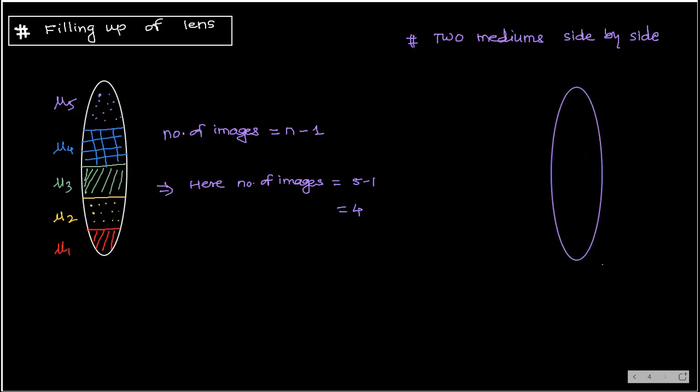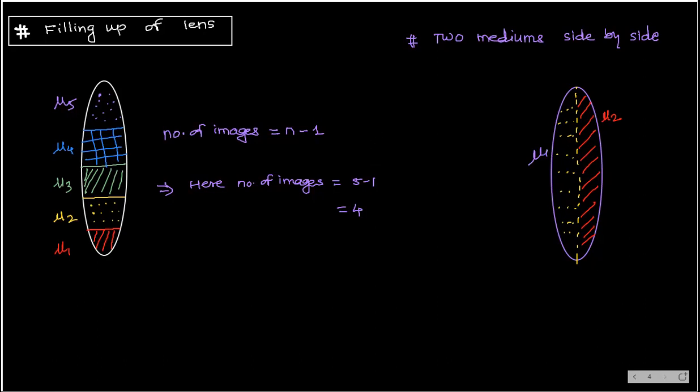And now I filled this much part, let us suppose, with one refractive index. And this remaining part with refractive index mu2, let us suppose. Side by side like this. So this is mu2 and this one is mu1, this side.